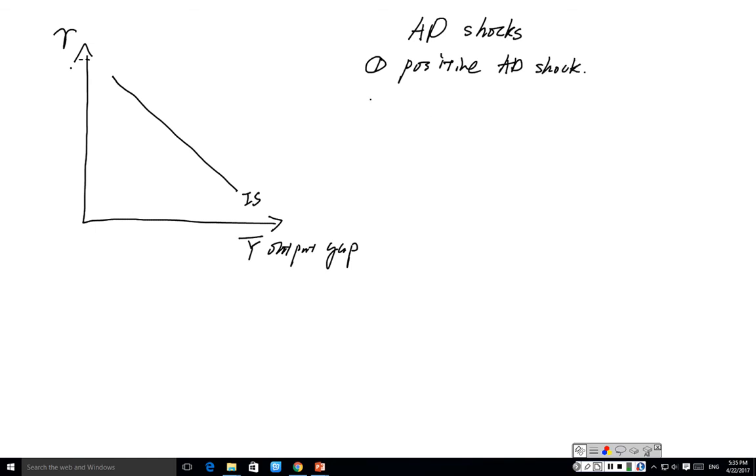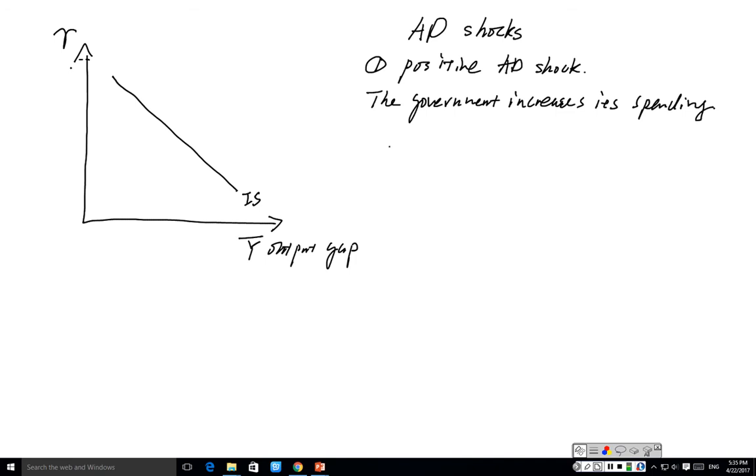Use one example. If the government increases its spending, suppose the government decides to spend more money on infrastructure, building the highway and the bridge.